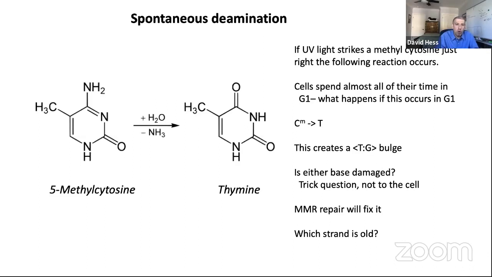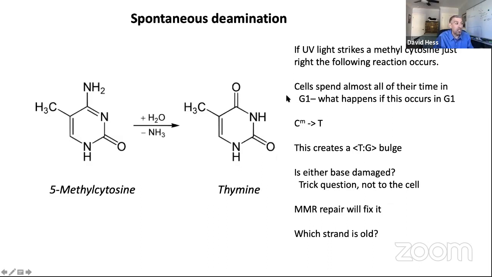And if we think about what would happen in G1, where the cells spend most of their time, both strands are methylated. So mismatch repair, it's just a dumb set of proteins. It does what it does. It needs to look around and determine which is the old strand. But both strands are methylated. So it takes the first strand it finds that is methylated, and it calls that the old strand.